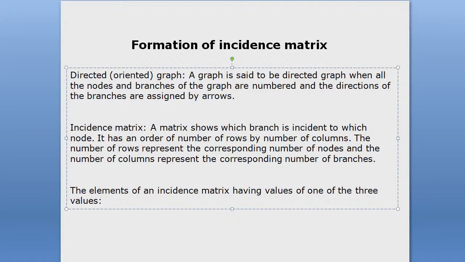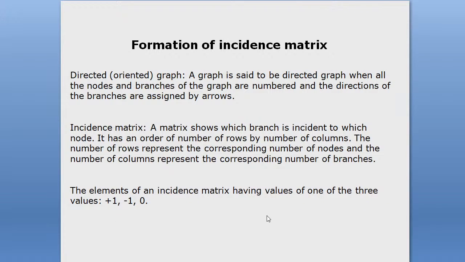These values are plus 1, minus 1 and 0. So the elements of an incident matrix have values of plus 1, minus 1 or 0. I will tell you how we calculate the values of the elements for an incident matrix.